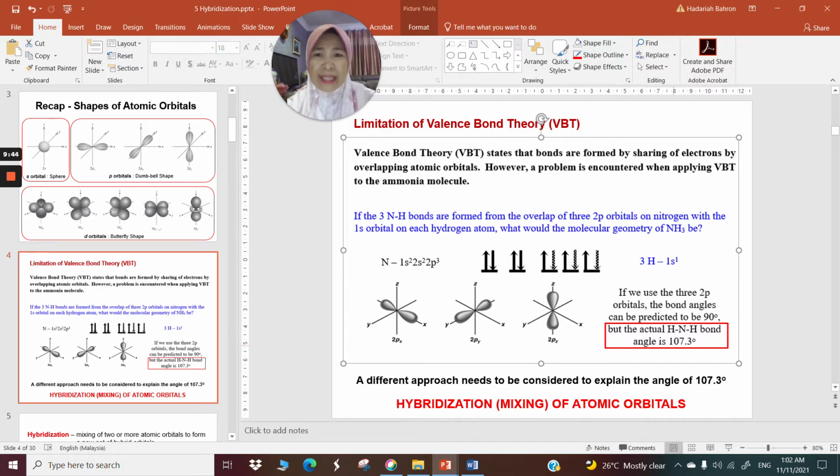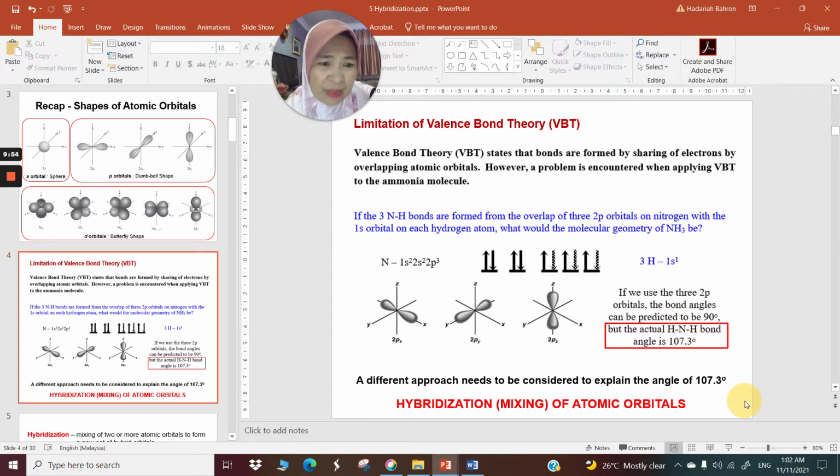But in actual fact, experimentally, it has been found that the H–N–H bond angle is not 90, but it is actually 107.3, which is very, very different from what we predict it's going to be.